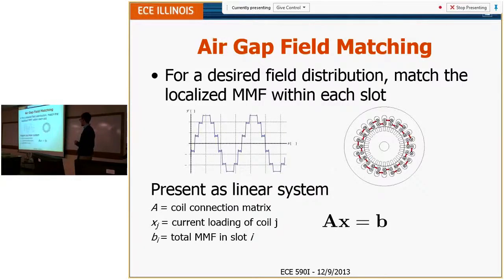The X is what you're looking for: in each one of these coils, how much current and how many turns do I need, or how much current do I need to supply. And B is saying, given this curve, how much MMF or magnetic field is created by each slot. If you solve this system on a per slot basis, you can solve for the currents that are required.